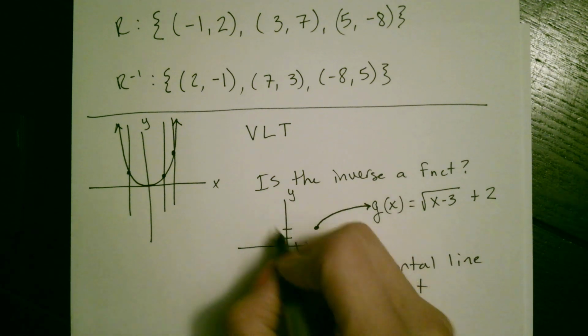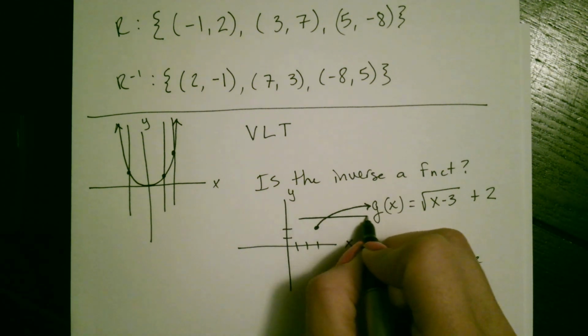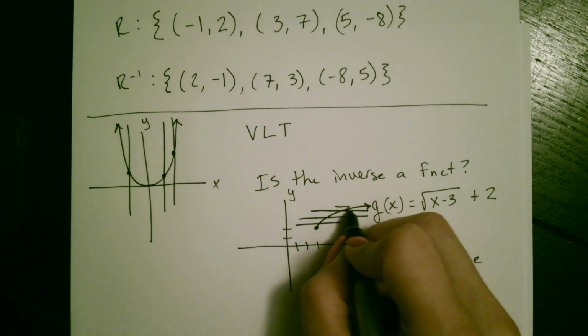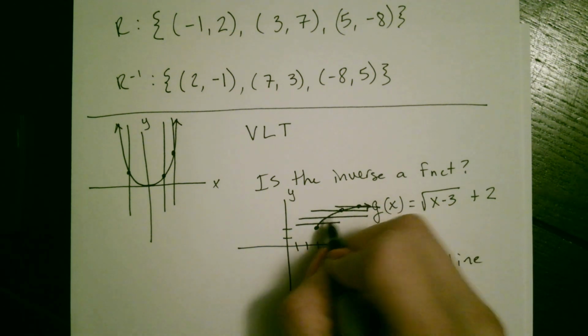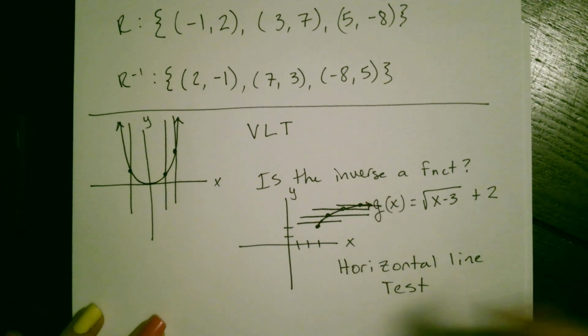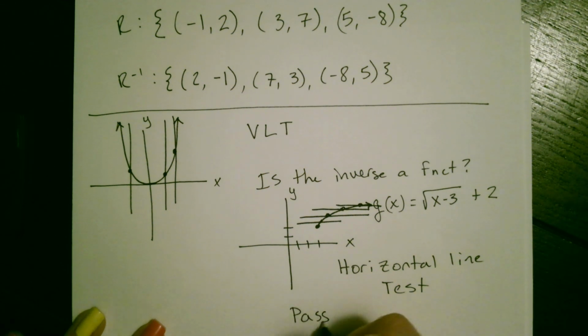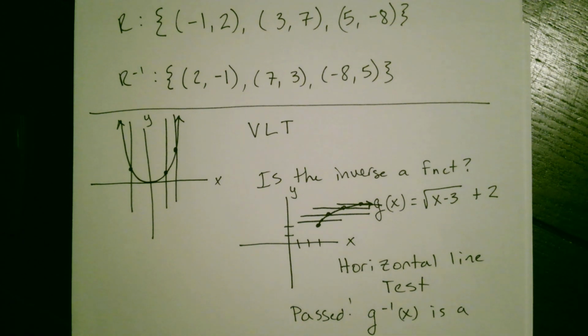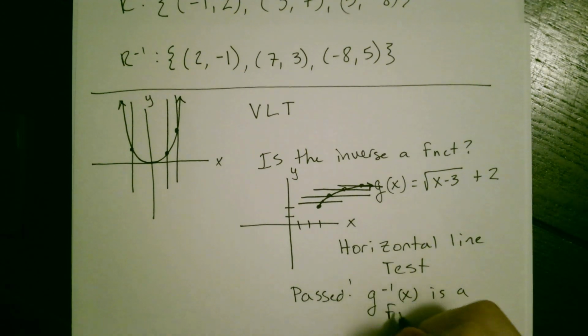So if I can draw a horizontal line at every place on the graph and it only crosses one time, then we know the inverse of the function is also a function. We can see that this is going to pass the horizontal line test. Woohoo, it passed. So we know that this is g of x, so we know g inverse of x is a function.